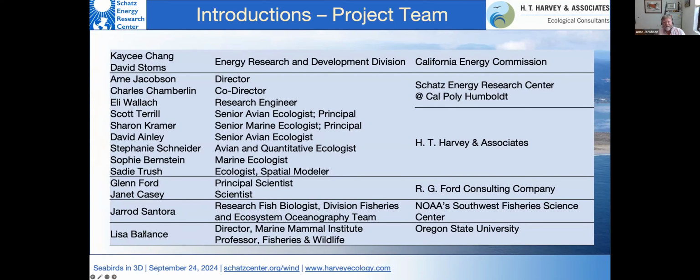Here I'm showing the partners and team members from the respective teams. The core teams for this work, or the main partners, were the Schatz Energy Research Center and Harvey Associates, but we also had support from several others who are shown here, and funding support for the entire effort was from the California Energy Commission, and we're really thankful for that support.